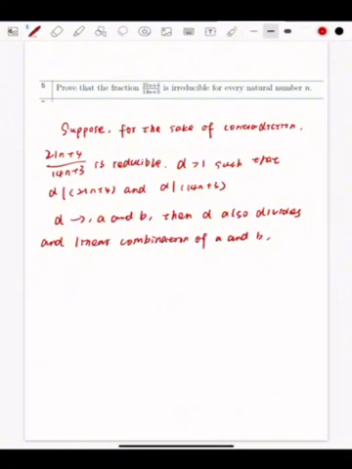For example, here, and this is for any integers j and k.